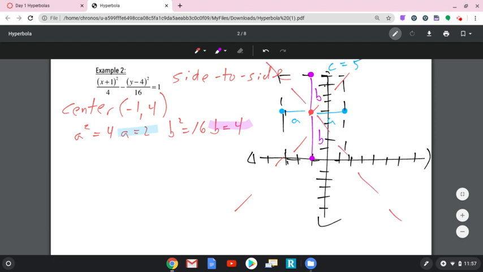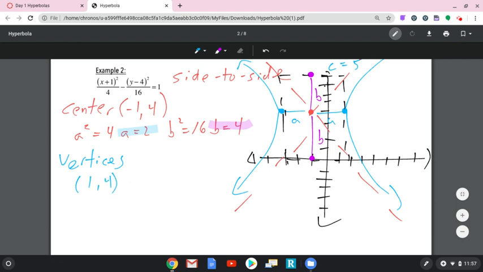Now, it's side to side. Wherever that A is, we know it's side to side, so connect from that A value. That's my vertices. So if I look at my vertices, now it's side to side, we add A to x. So it would be negative 1 plus 2, which is 1, 4.